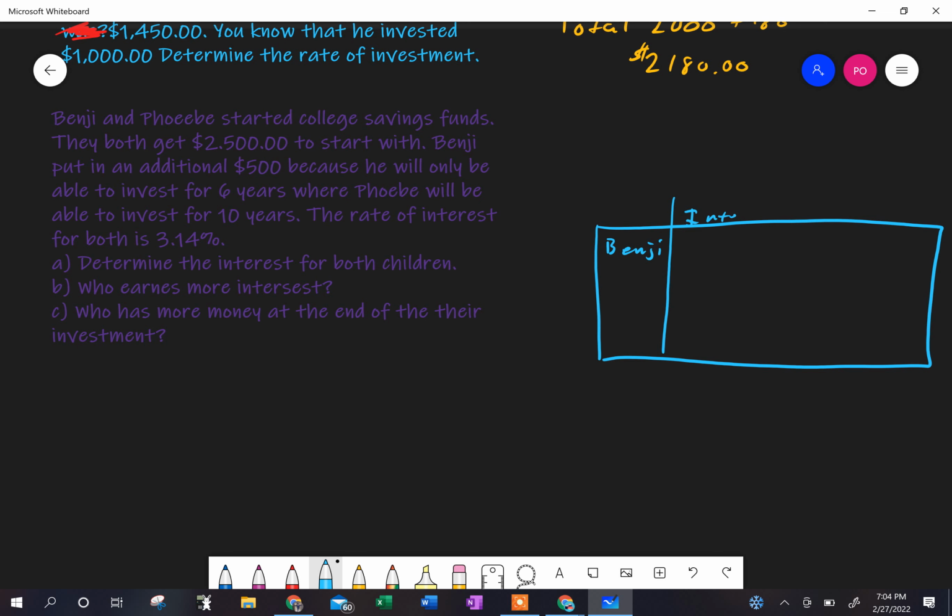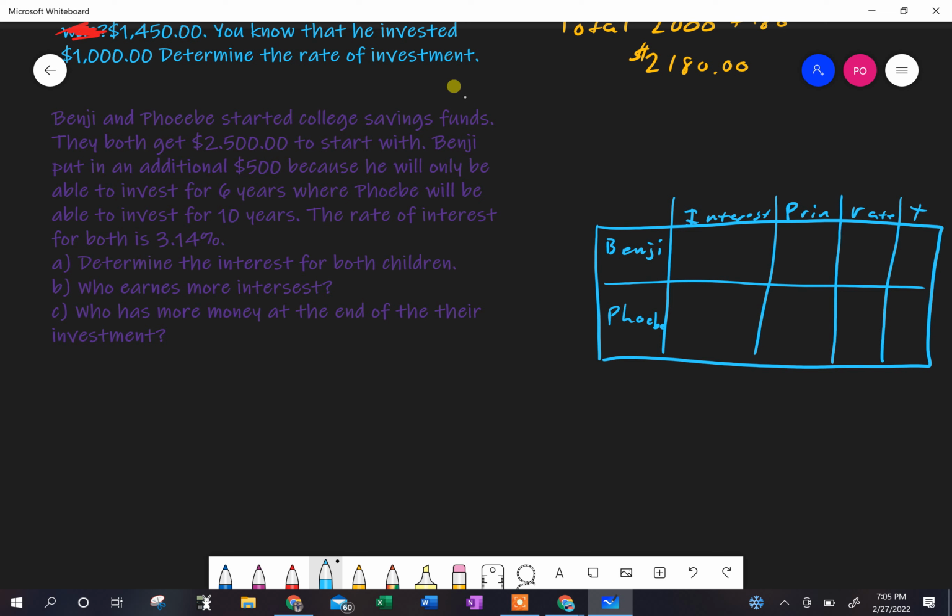Interest, principal, rate, time. So that's Benji, here's Phoebe. It looks like they both get $2,500 to start with, but Benji puts in an extra $500.